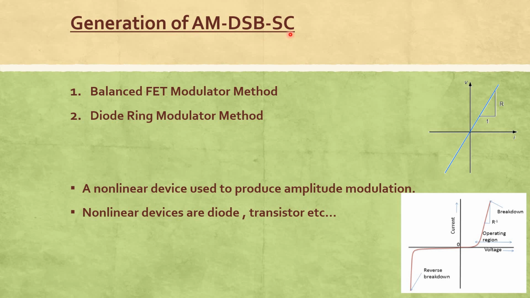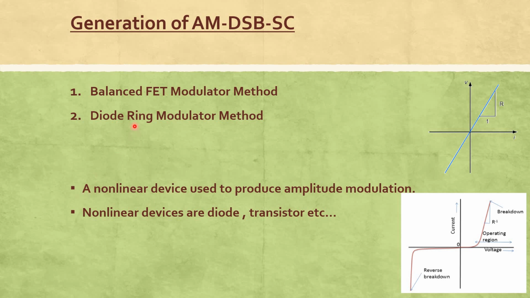Generation of a double sideband suppressed carrier. How to generate this AM double sideband suppressed carrier signal? What are the circuit diagrams available, or what are the methods available to generate AM double sideband suppressed carrier? One is balanced field effect transistor modulator. Another one is diode ring modulator. These two different modulators are available to generate double sideband suppressed carrier signal.